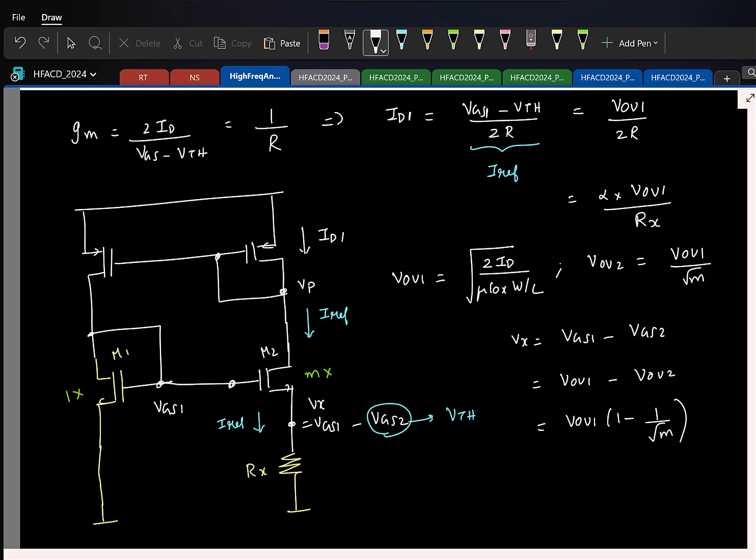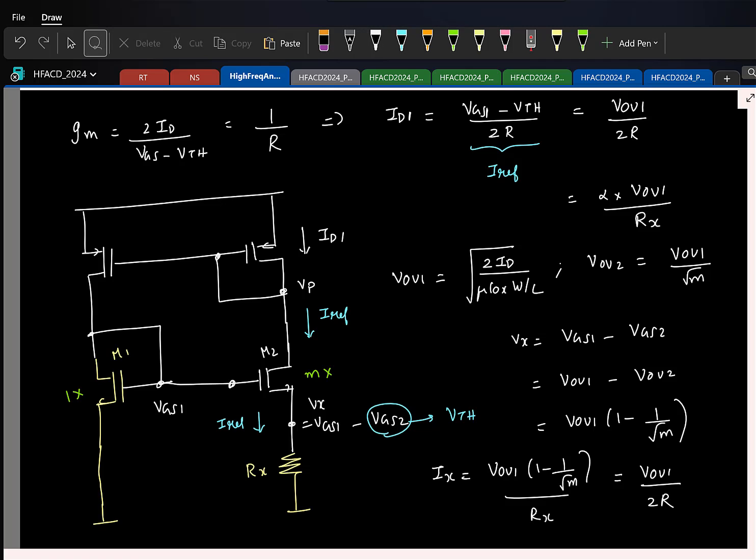So now the current flowing, if I call it Ix, that will be V overdrive 1 by Rx. This will be the current flowing. I want this to be equal to the reference current, which is this. So I just go and equate it. So from here you can find what is the required value of Rx, right?